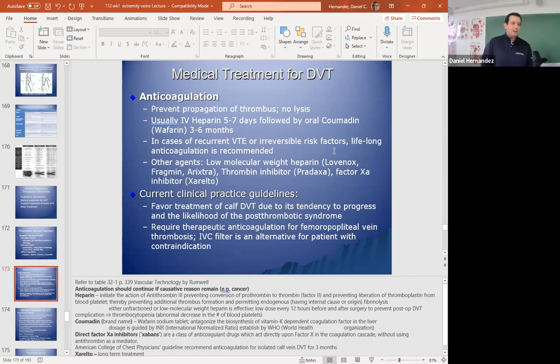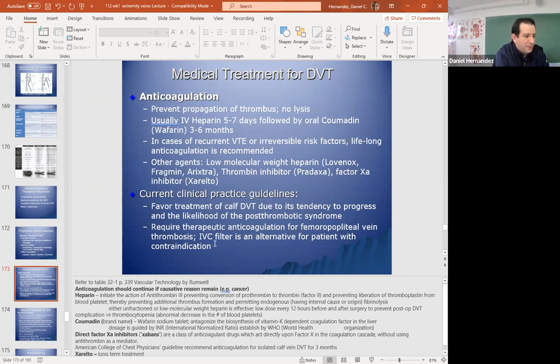There are some other anticoagulation medications on the market that you may encounter, things like Lovenox, Xarelto, Pradaxa. Some of these may require therapeutic anticoagulation for femoral popliteal vein thrombosis.